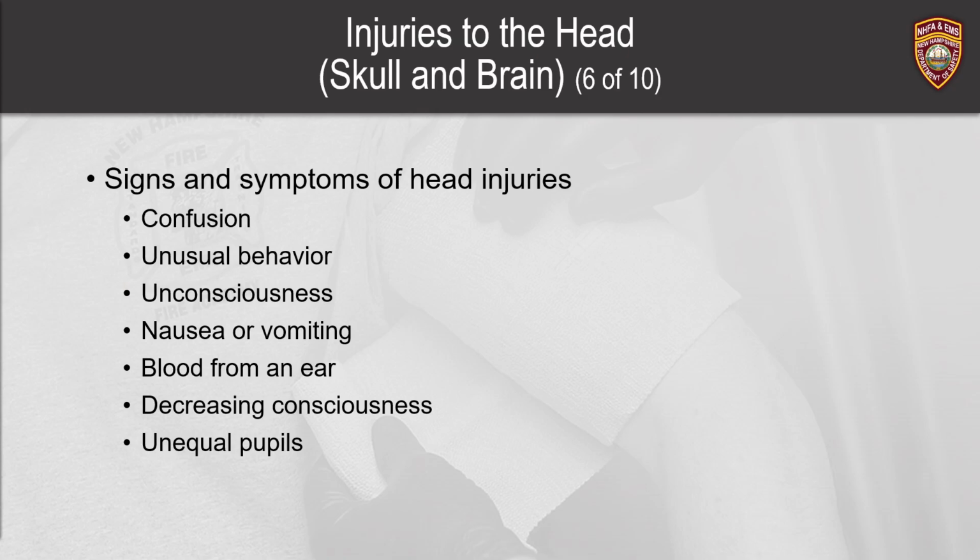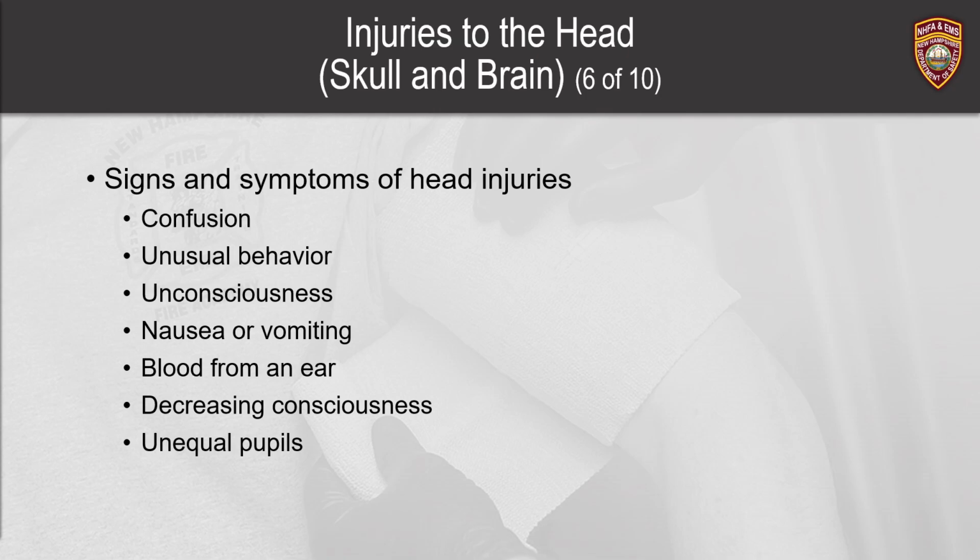So what are some signs and symptoms of head injuries? Great question. A patient who sustained a head injury may exhibit some or all of the following signs and symptoms. Obviously, if you get a blow to the head, you may be confused. You may exhibit some unusual behaviors. Or you may just get knocked unconscious.